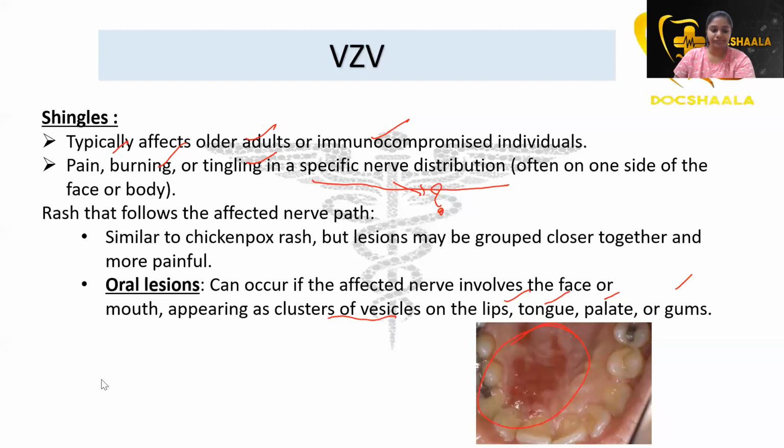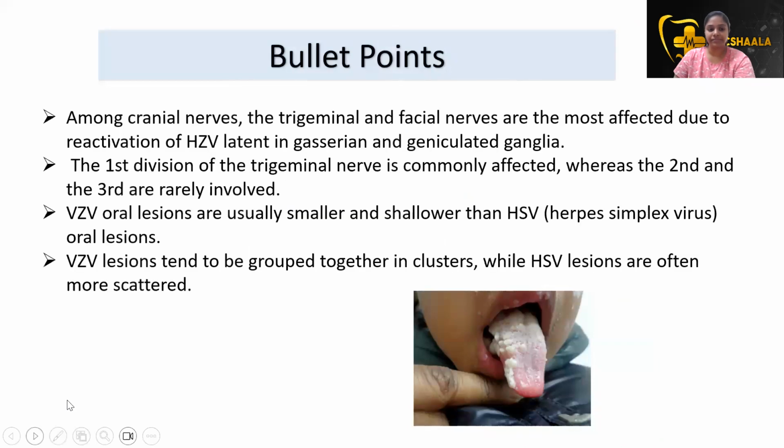So which nerve is most commonly affected? Among the cranial nerves, the trigeminal nerve and the facial nerve are the most commonly affected due to reactivation of VZV. So this is important. Mostly the first division of the trigeminal nerve, that is the ophthalmic division, is most commonly affected.